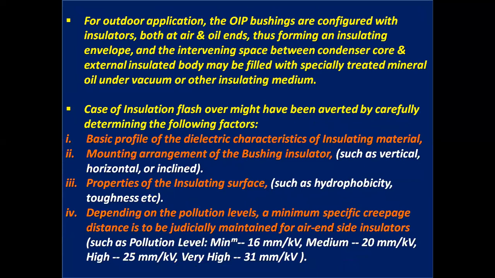For outdoor application, the OIP bushings are configured with insulators at both air and oil ends, thus forming an insulating envelope, and the intervening space between the condenser core and the external insulated body may be filled with specially treated mineral oil under vacuum or another insulating medium.